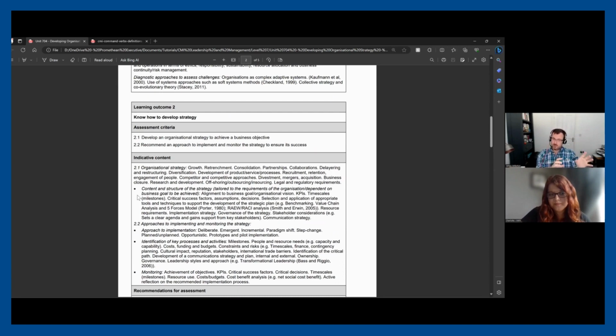The main thing that I think some people don't get quite right on this one, if they do get referred, is that we don't go upstream and downstream enough of the plan bit. The strategy isn't just a plan, we would say. The plan is a component part of it, but the strategy is broader than that. So we might be asking questions around what our vision, values and objective are.